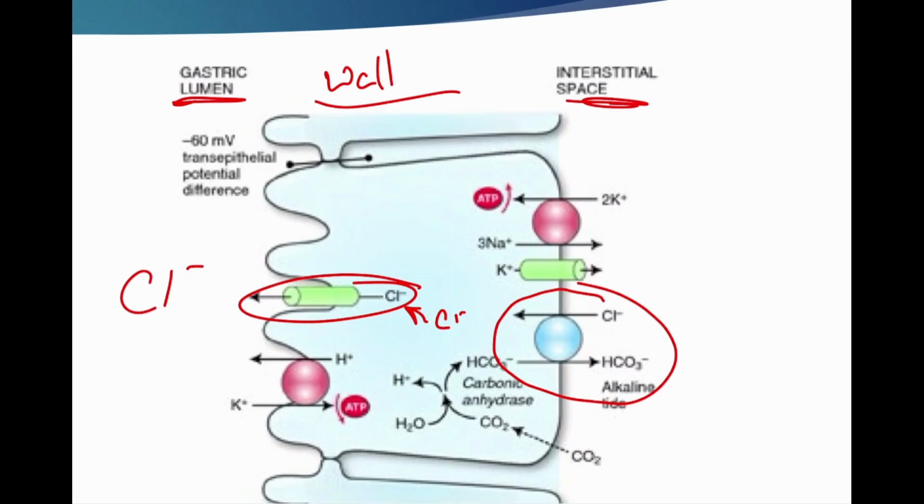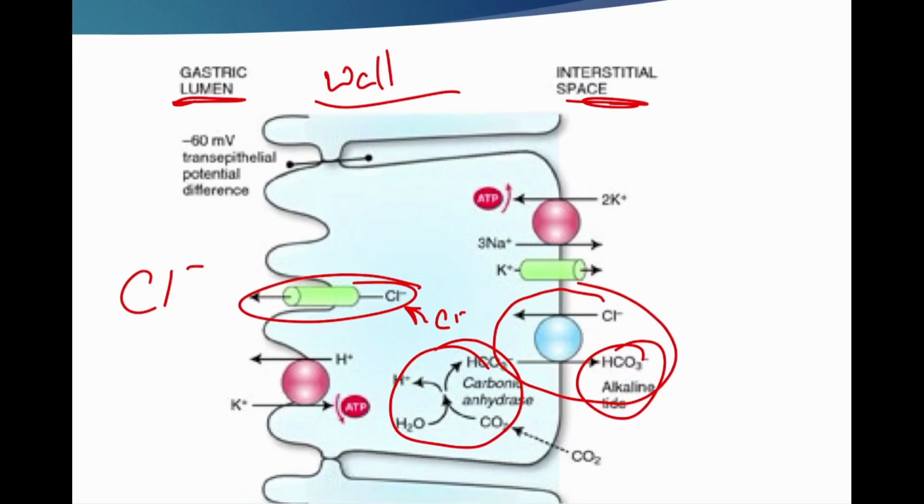Now, how do we handle the hydrogen and the potassium, or the hydrogen really? This same bicarb that came out of the cell is being created inside the cell via carbonic anhydrase.